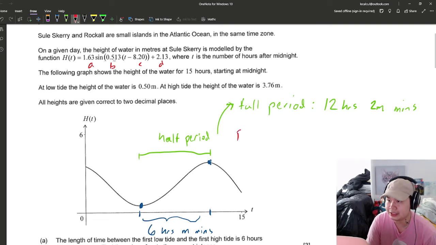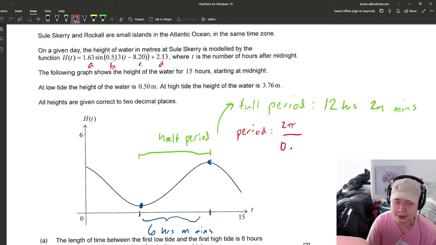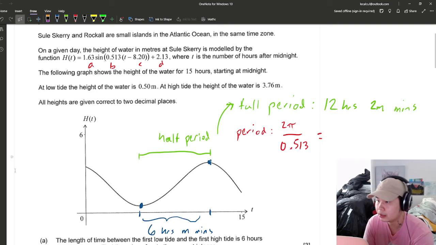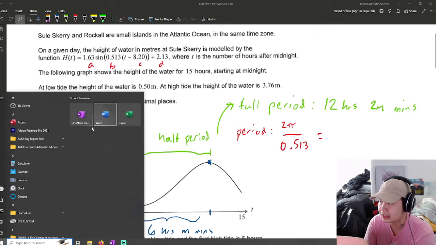We know that the period of sine is normally 2 pi, a full circle. However, B is a function transformation, a horizontal compression. So the period of the compressed wave is the original period, 2 pi, divided by the value of B. So we can put this into a calculator, and then we can solve for m this way.